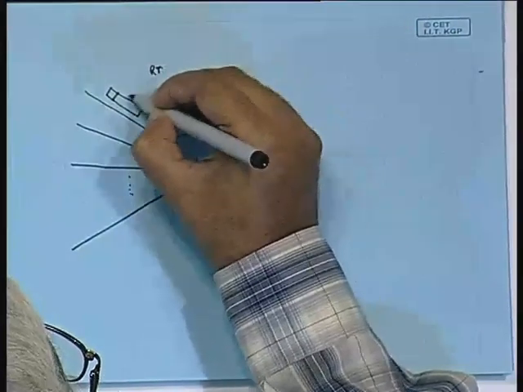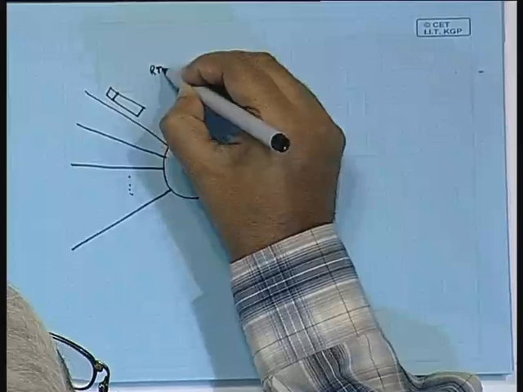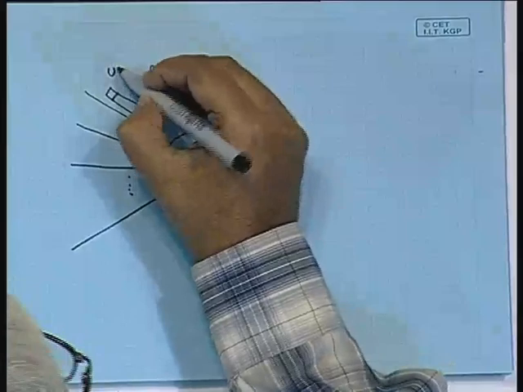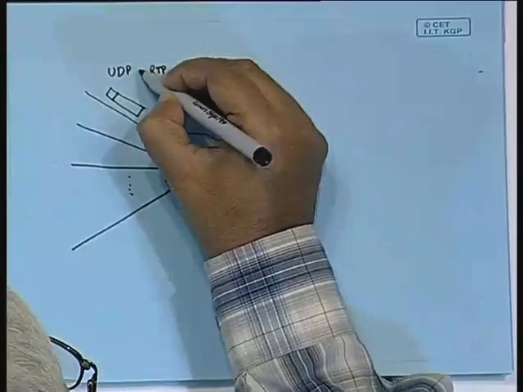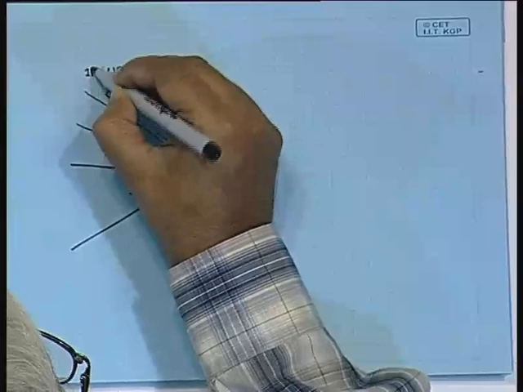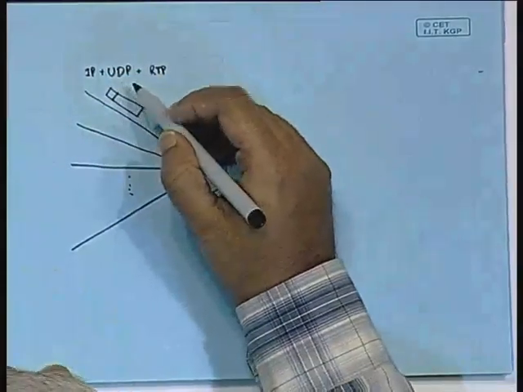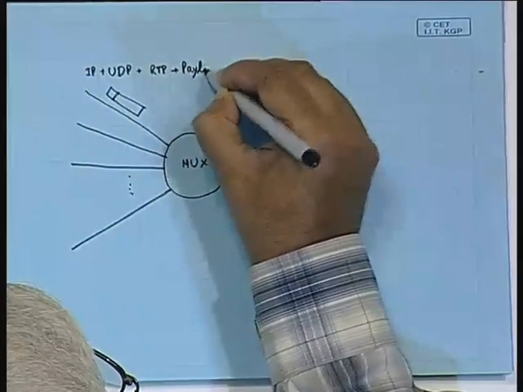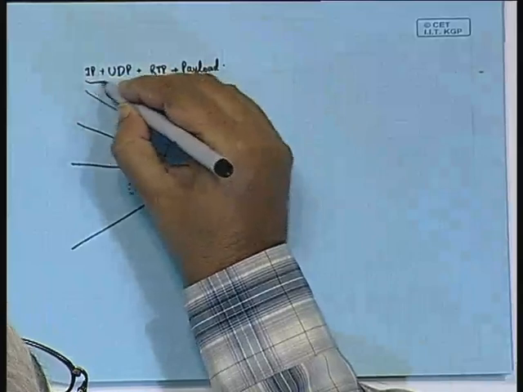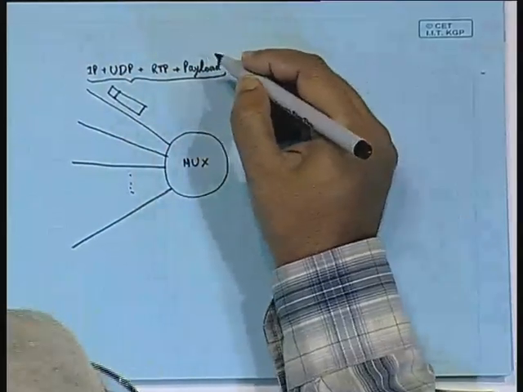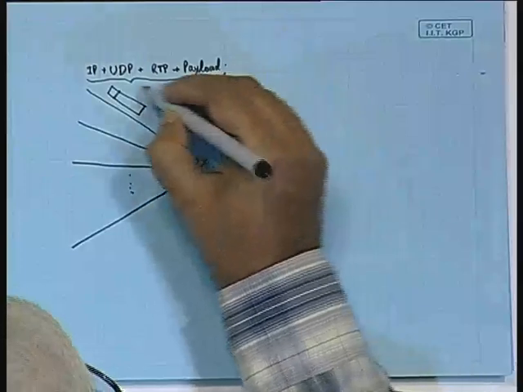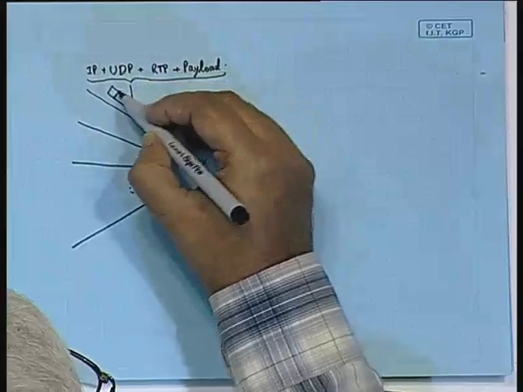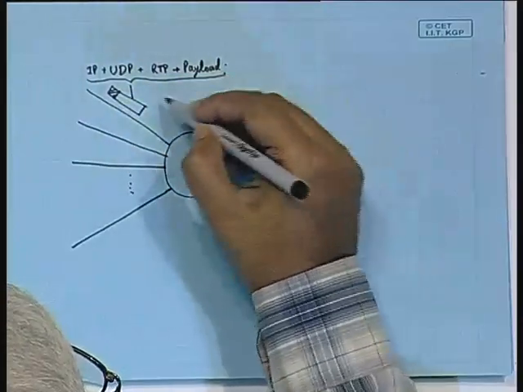Typically, the essential ingredients composing this bit stream are that, to start with, there will be an IP header, a UDP header, an RTP header, and then the payload information. So this whole thing, IP, UDP, RTP headers plus payload, would be the composition of this entire packet. Now, the header is this much and the payload is this.